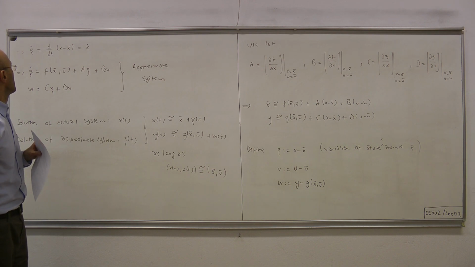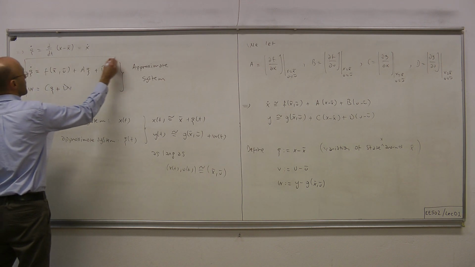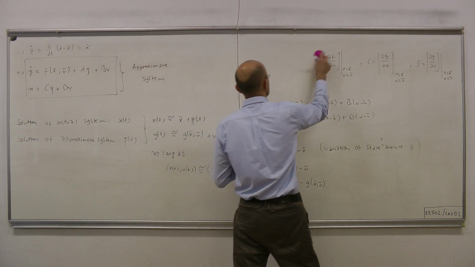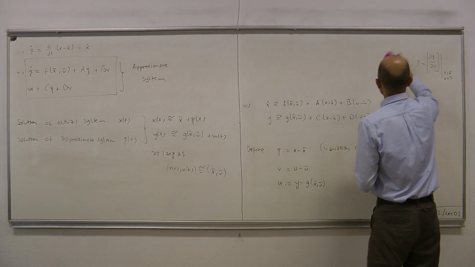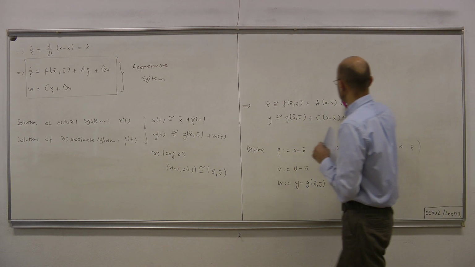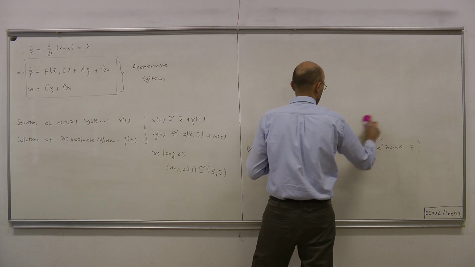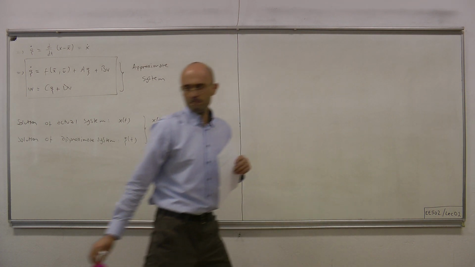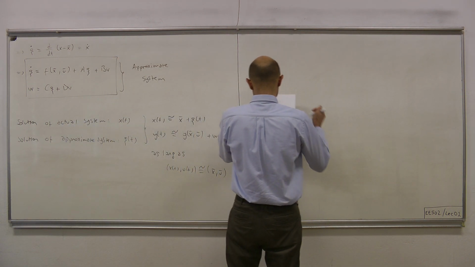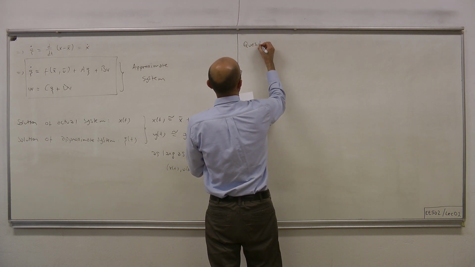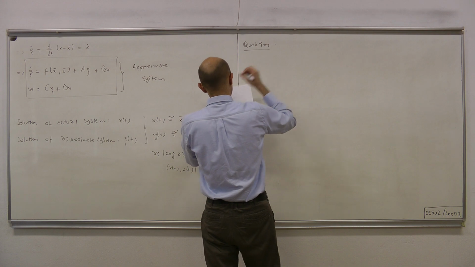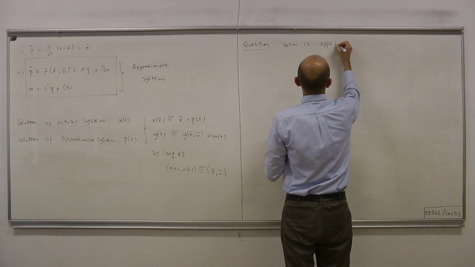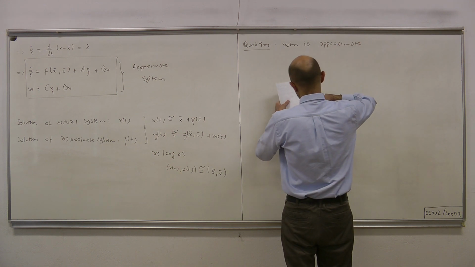Okay. Now, here comes the question. Concentrating on this system, we can ask: when is the approximate system linear?